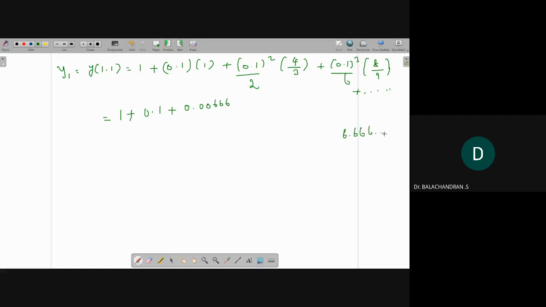So only 6 into 10 to the power of minus 3. So 10 to the power of minus 3 means you should put 3 places. You should put 0 point. I think I got this answer.